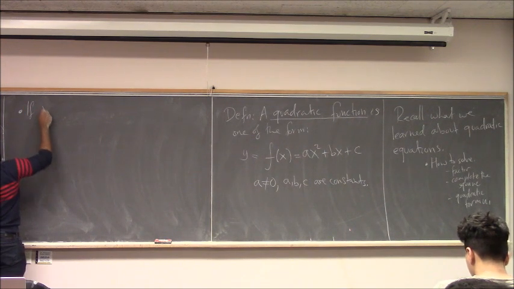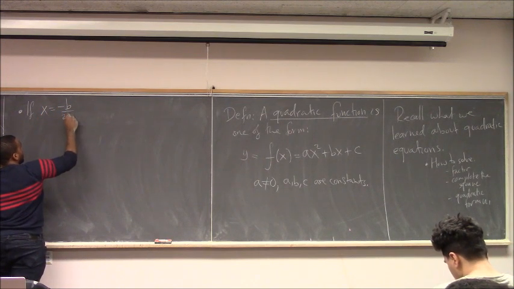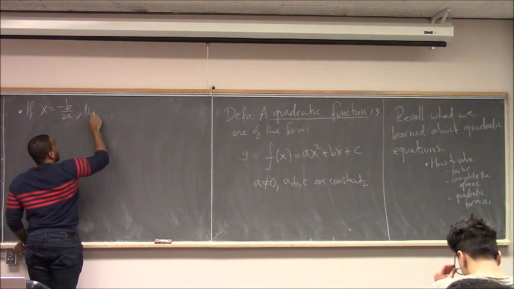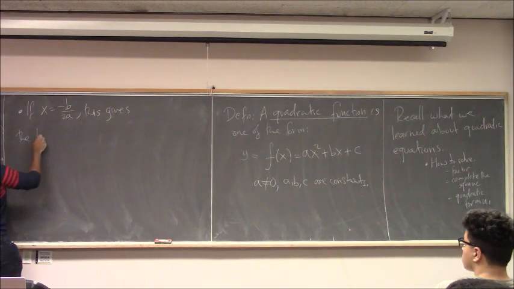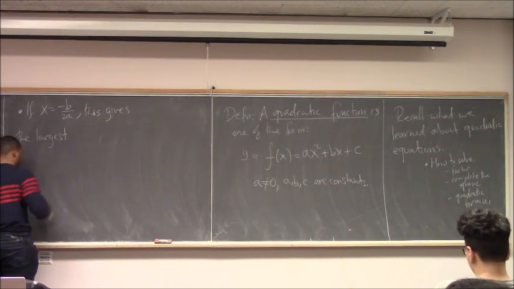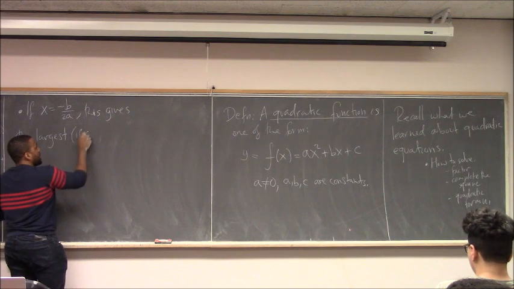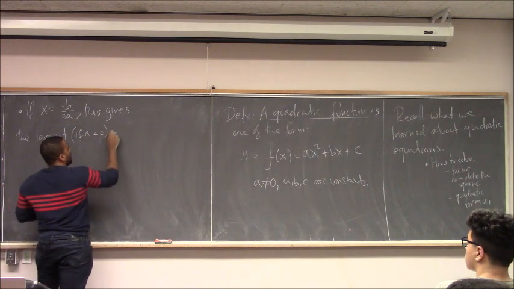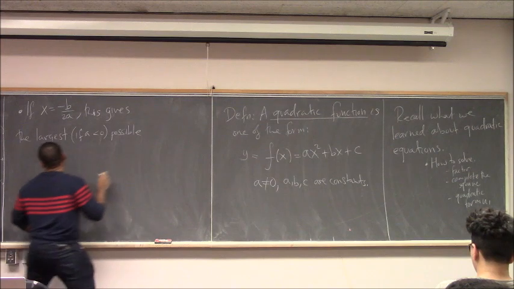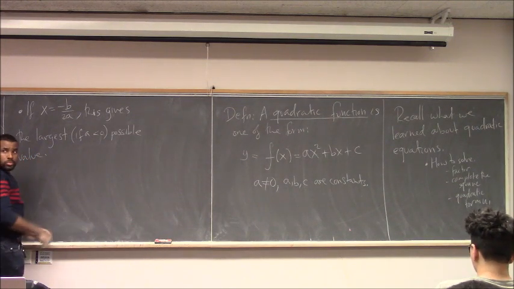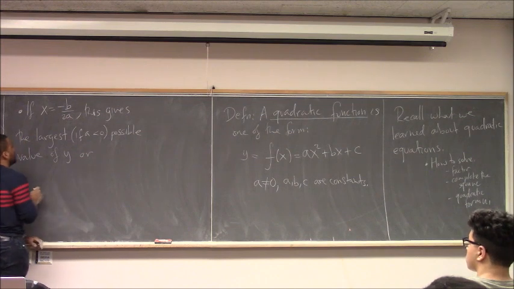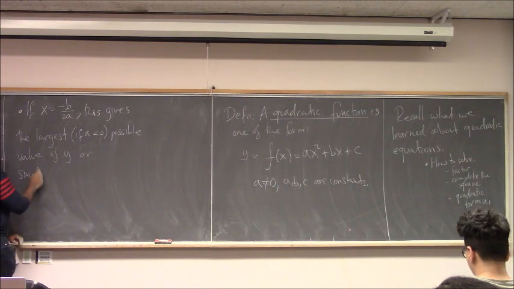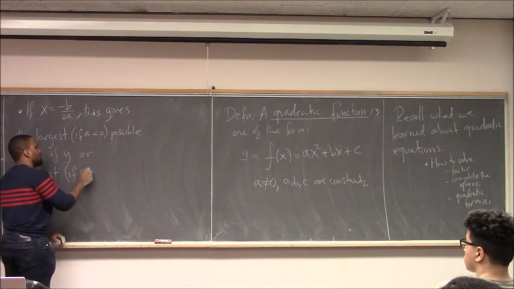So if x equals minus b over 2a, this gives the largest possible value of y if a is less than 0, or the smallest possible value of y in the event that your a is larger than 0.